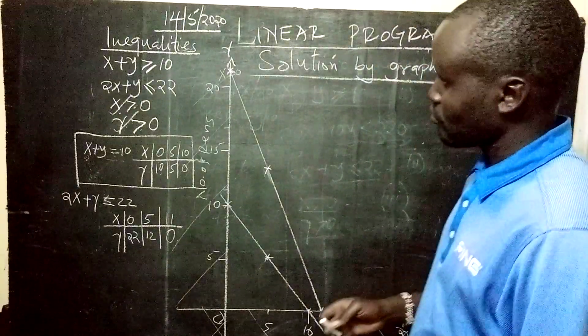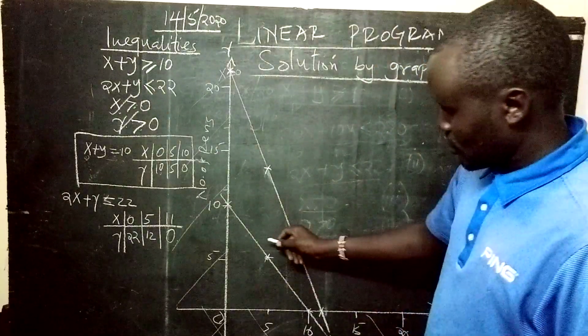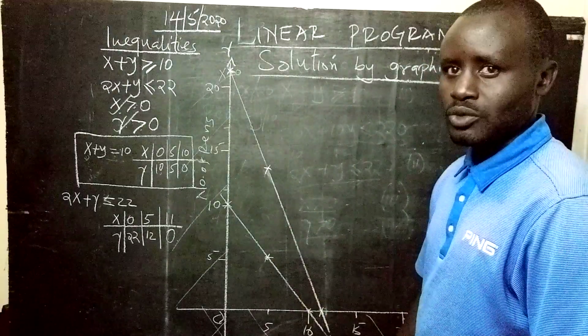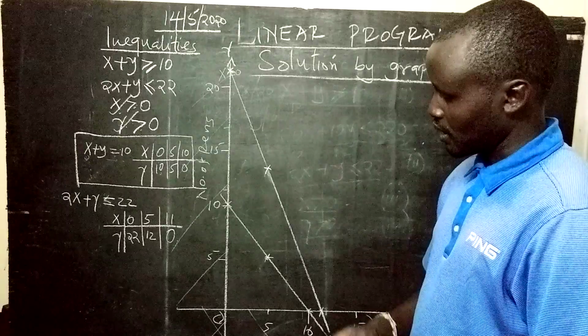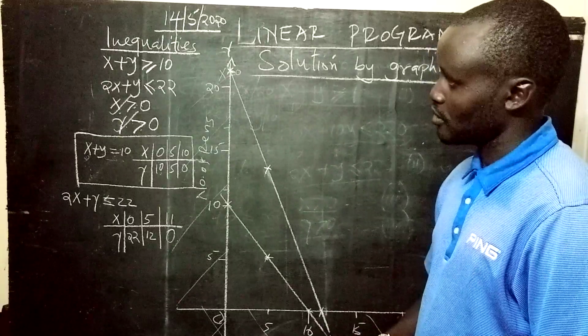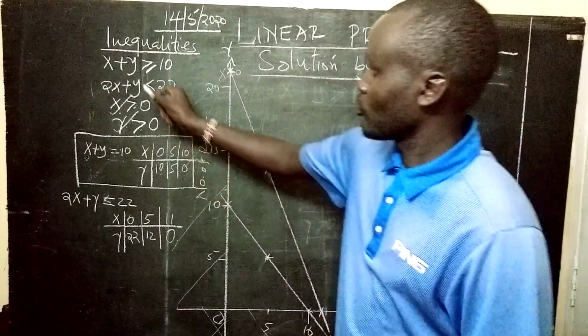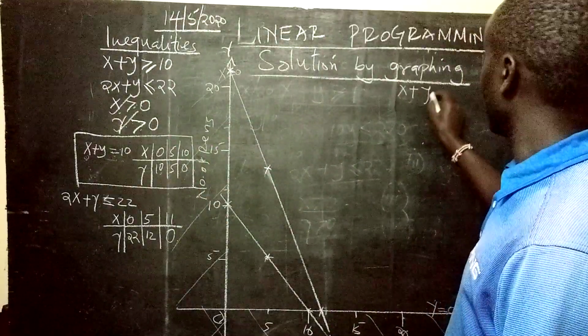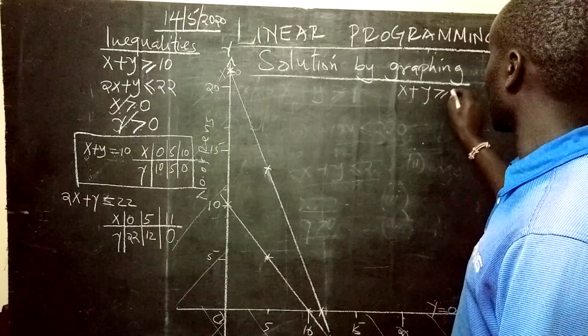There are so many methods that we always use, but there are others which are so simple to use. Like for this case, we have x plus y is greater or equal to 10.